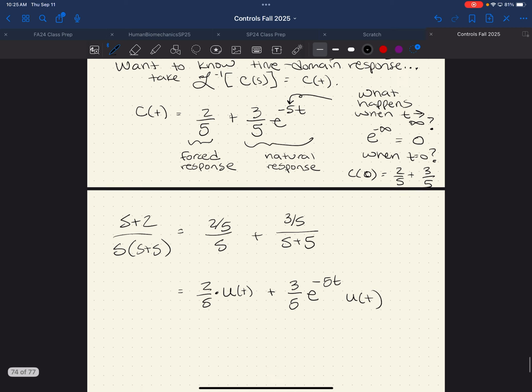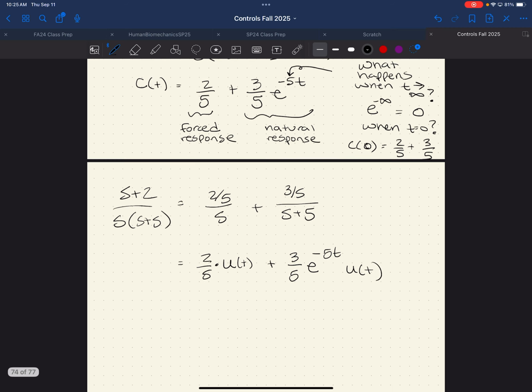So you just left out the u of t? Yes, because I'm only talking about positive time. u of t starts out at 0 at negative time, and then goes up to 1 at t equals 0. So this is just the same as 2/5 plus 3/5 e to the minus 5t for t greater than 0. Okay, thank you. You're welcome.